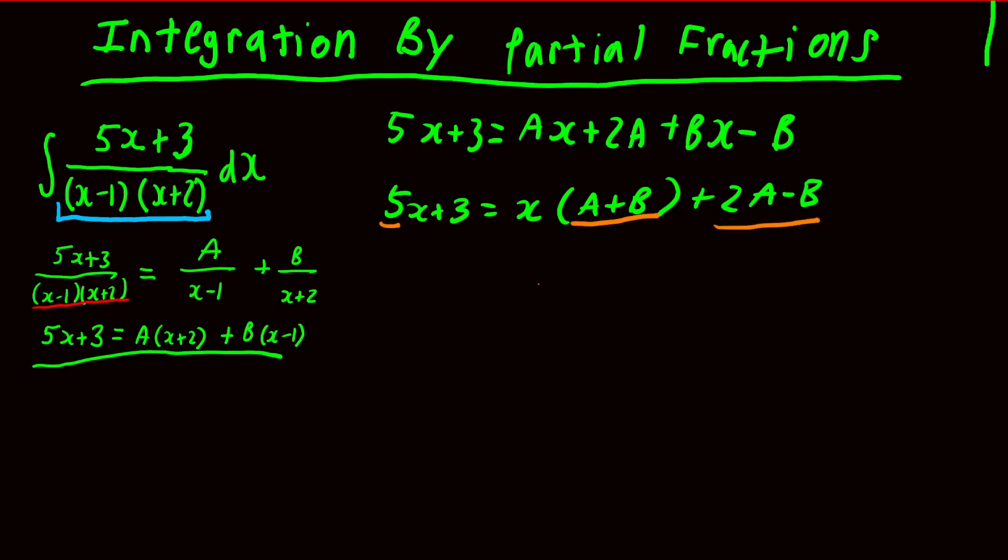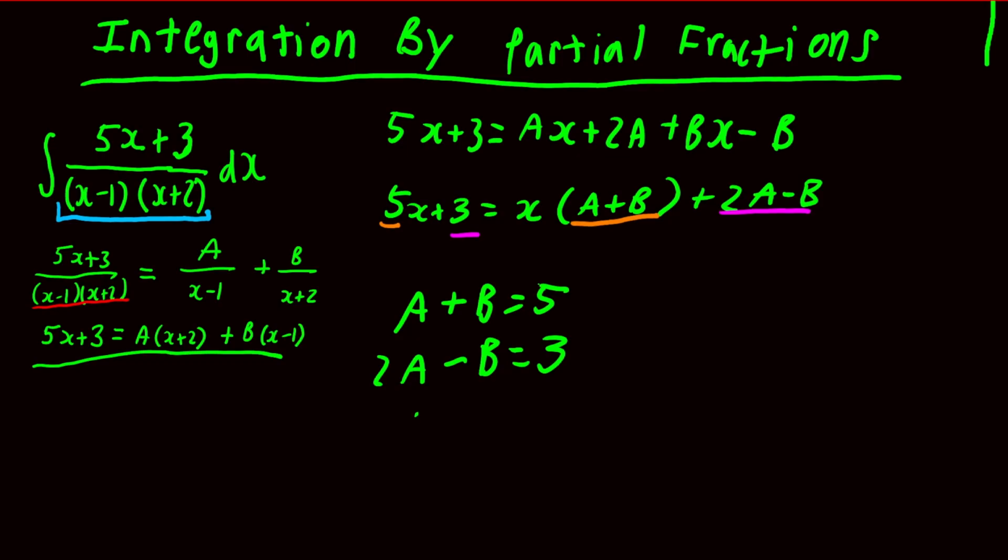And 2A minus B has to equal 3, because these two terms don't have x attached to them. So now we end up with the system of equations, which I'm sure you guys know how to do: A plus B equals 5, and 2A minus B equals 3.